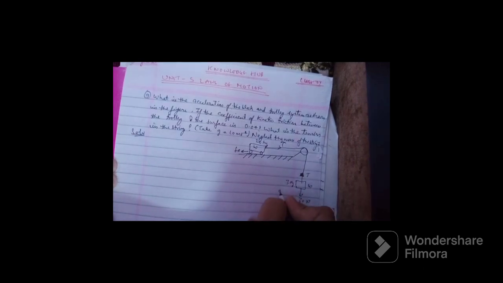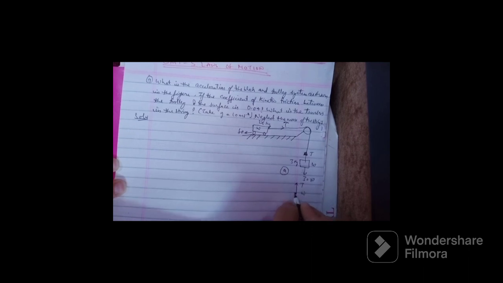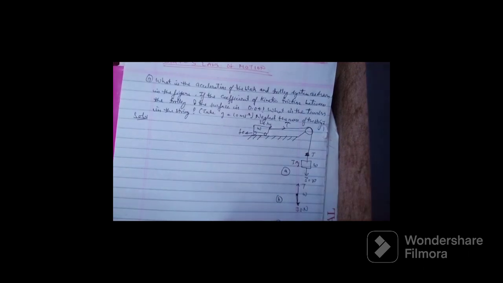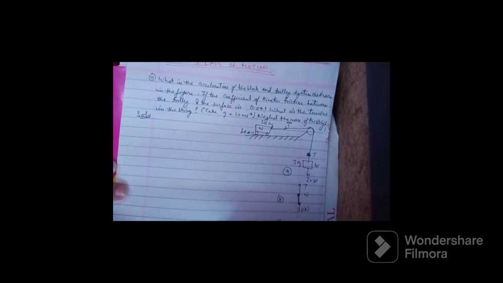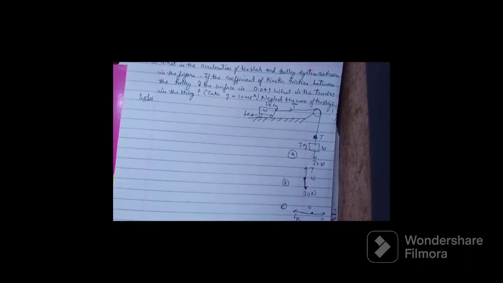Figure B is this, with 30 Newton. This is figure B. Now figure C has the weight W and this is FK. So this is your figure C.